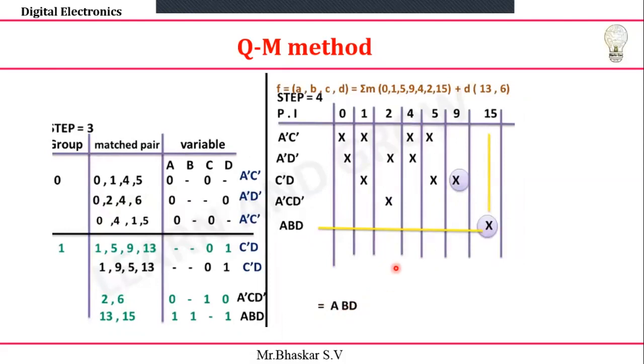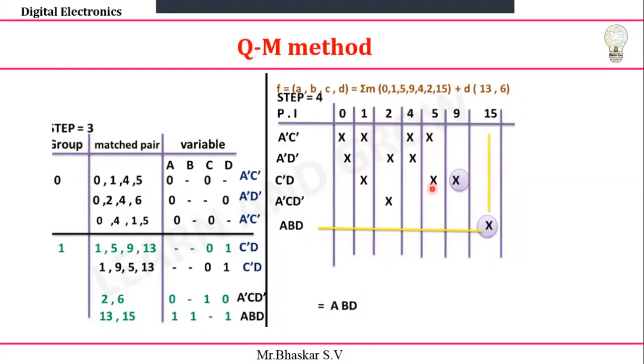Next, looking for the next single cross, here the single cross I'm going to take is 9. Once you look at 9, just go to this row. If I look at this, 5 and 1 are involved, the min terms which already cover this one and this one.